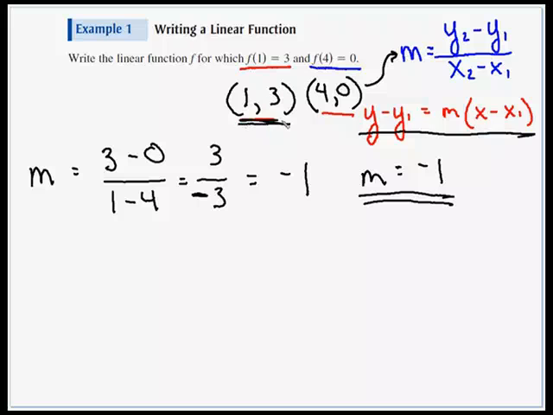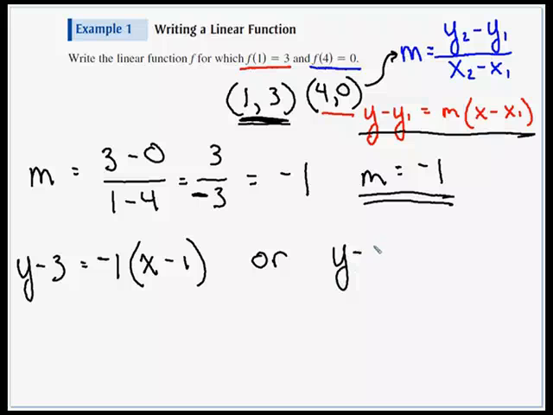Let's do it first with this point, (1, 3). So that would be y minus 3 equals negative 1 times the quantity x minus 1. Or I can do it with the other point, (4, 0). Y minus 0 equals negative 1 times x minus 4.